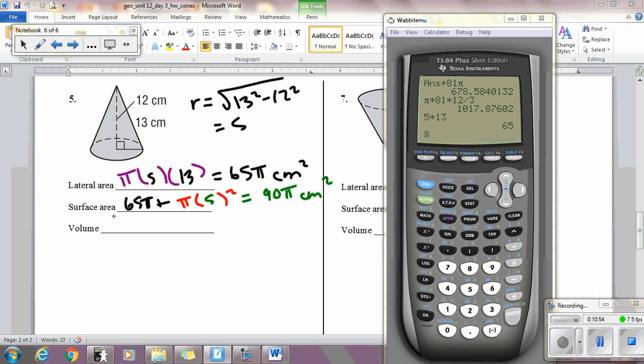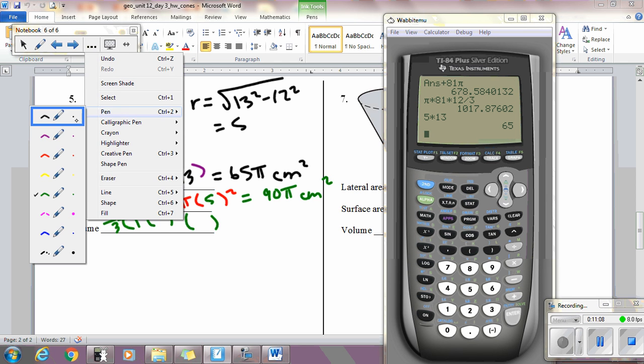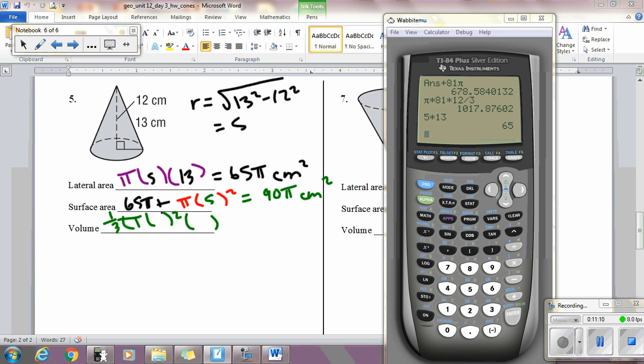Now for our volume, it's 1 over 3 times pi times our radius squared times our 3D height. Radius is 5, 3D height is 12.